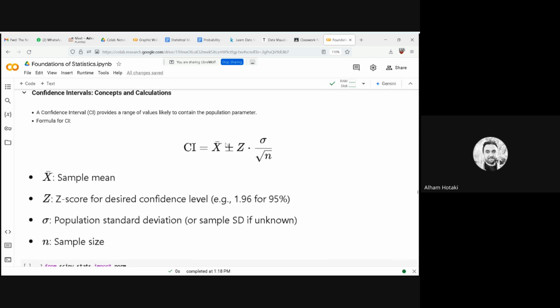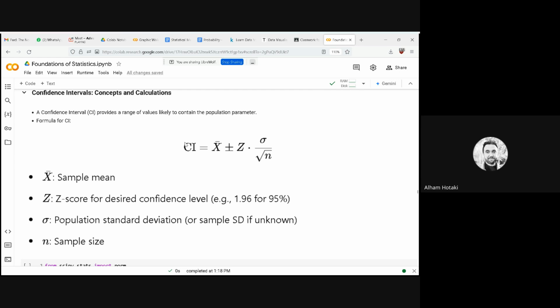This is a simple formula for it. X̄ is the sample mean, the mean of the sample you have from that population, plus or minus the z-score for the desired confidence level. You may have heard, so what is a z-score?